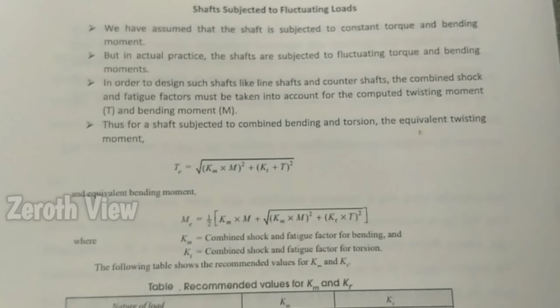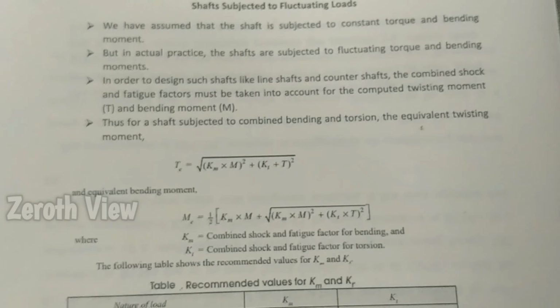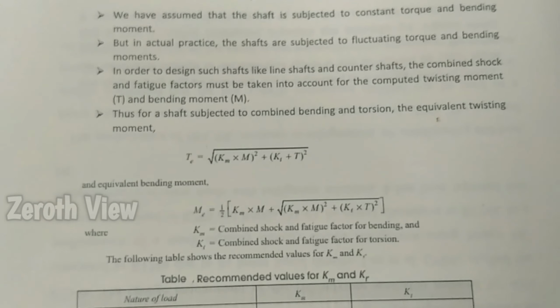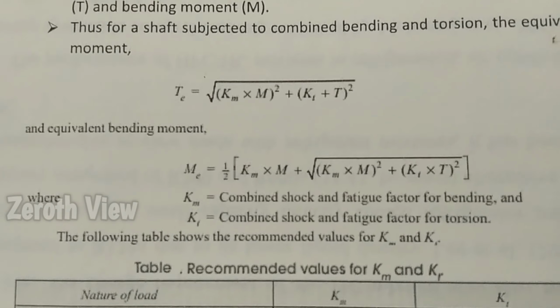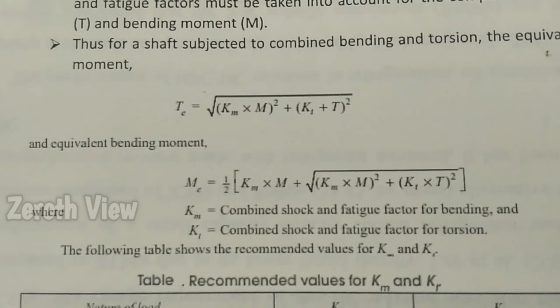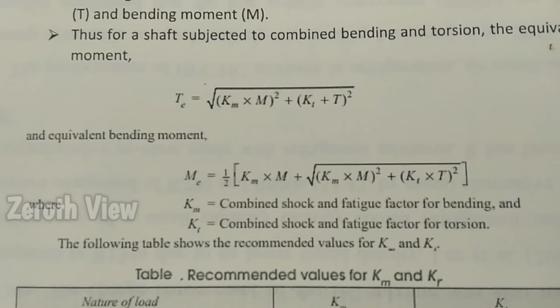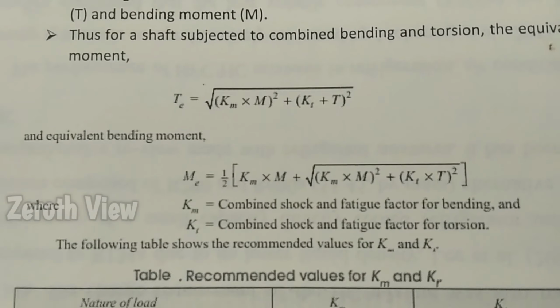If we focus on a shaft subjected to combined bending and torsion, then the equivalent twisting moment equation will be TE equal to root of (Km into M) square plus (KT into T) square.